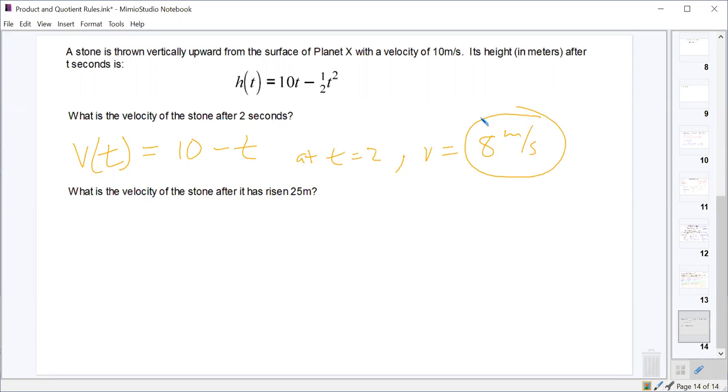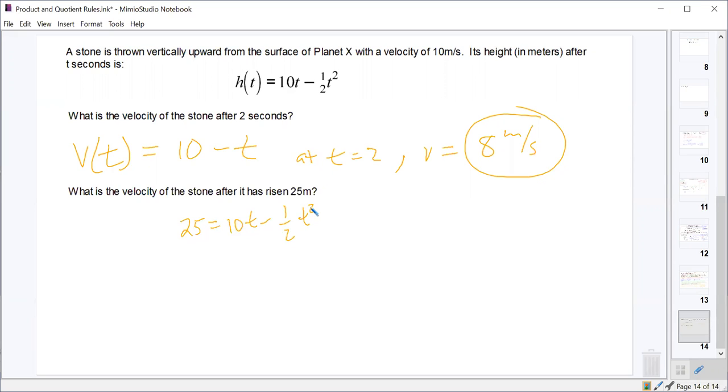Cool. So then we want to know what's the velocity of this stone after it's risen 25 meters. We want the velocity at some time, so we need to figure out what that time is. How do we figure that out? Set the position equal to 25: 25 equals 10t minus 1/2 t squared.